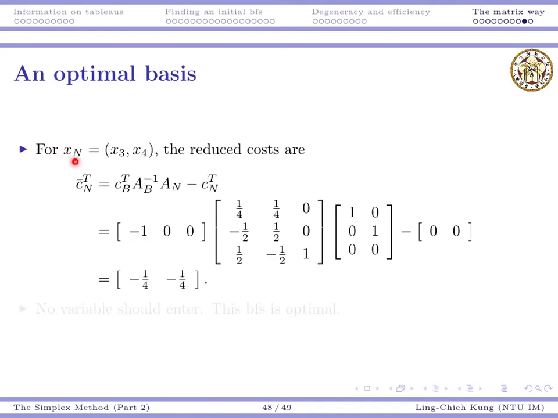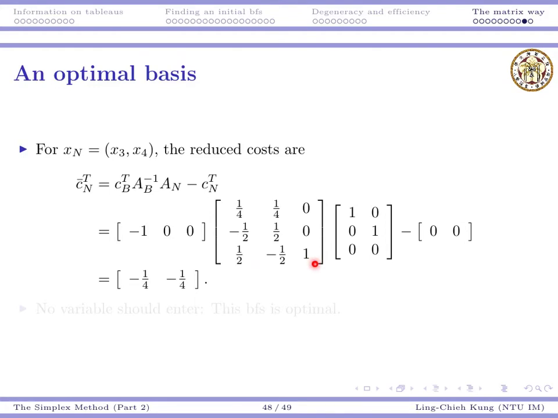Now, for the non-basic variables x3 and x4, we may again calculate the reduced cost. I have CB, I have AB inverse AN, and minus this guy. Just a reminder, even though the formula looks extremely simple, you need to do calculations accordingly. When you have an inverse, you need to really calculate that inverse.